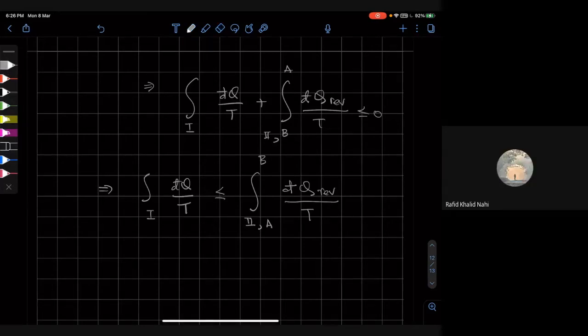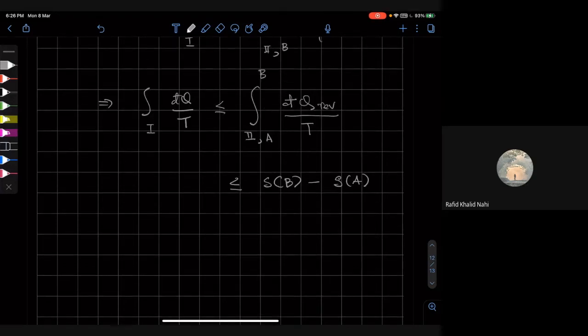All right, good. So this is going to be less than or equal to S of B minus S of A. Okay. So now suppose that path 1 is irreversible, but it's also adiabatic, meaning that it's isolated, right?